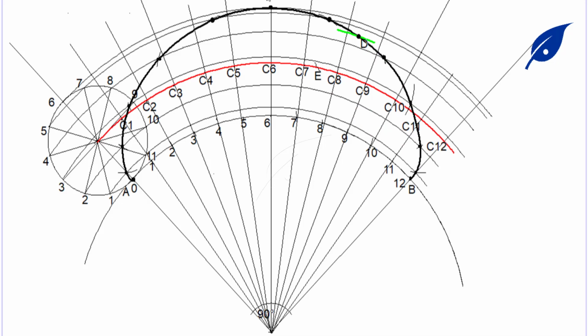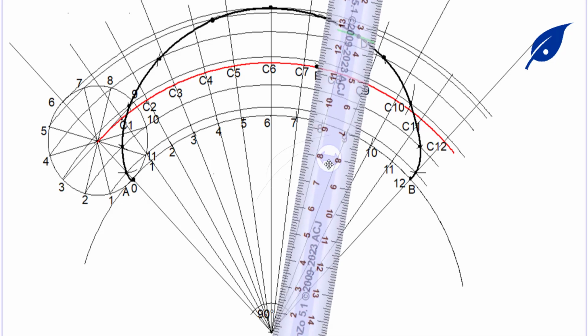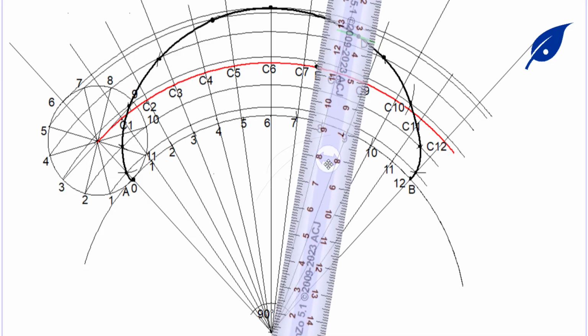We'll mark at that point to get E. Now after getting the point E, we connect E to the center of the base circle, a straight line passing through E to the center of the base circle O. So we draw that line and connect it.